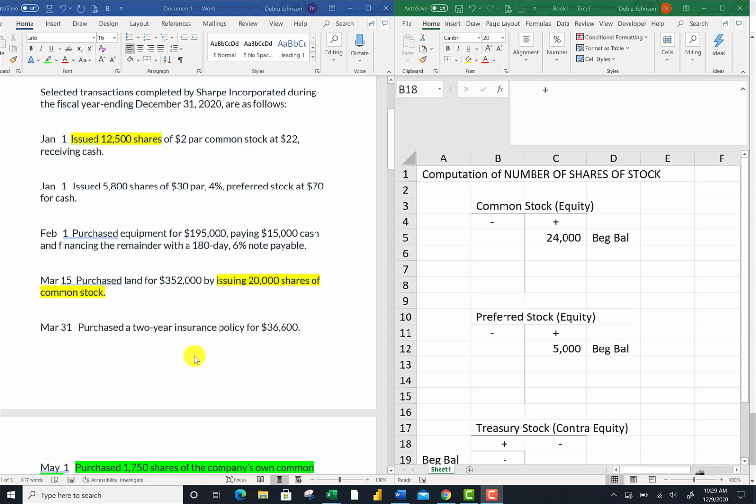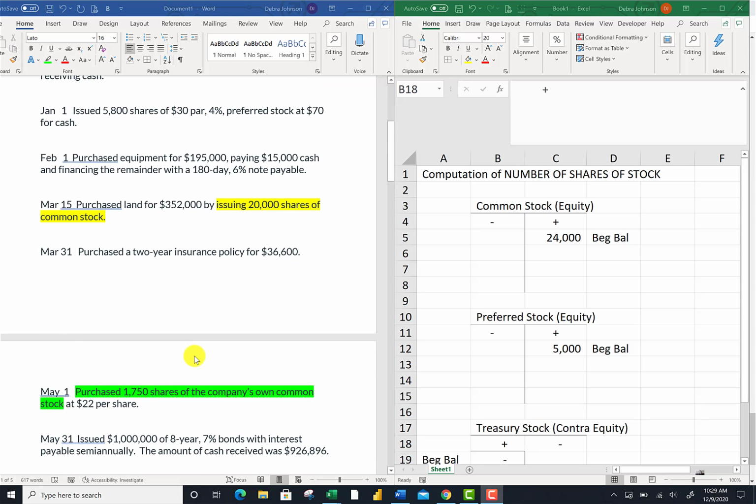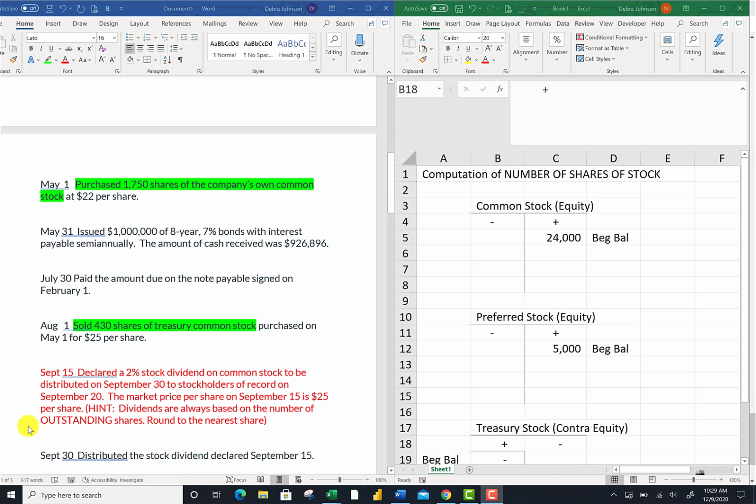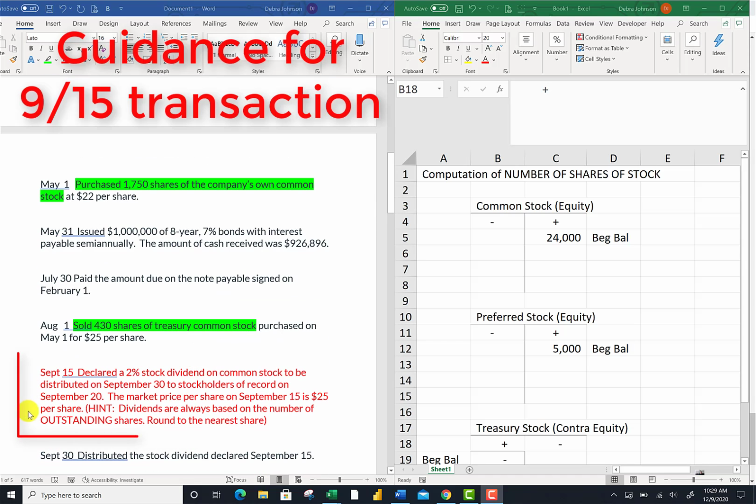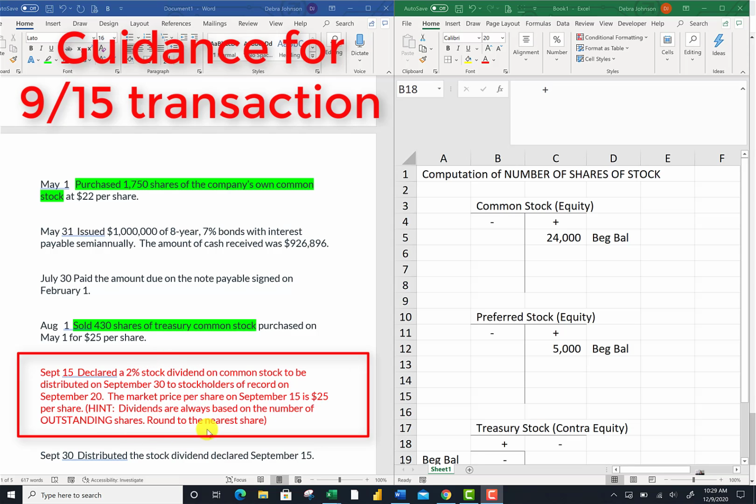The first transaction that caused students problems was the transaction on September 15th, where there was a small stock dividend of 2% declared. So again, the key to any dividend transaction is to compute the number of shares outstanding.